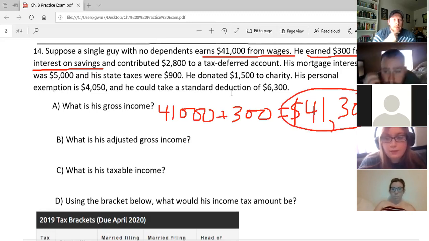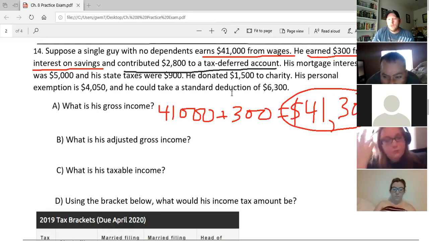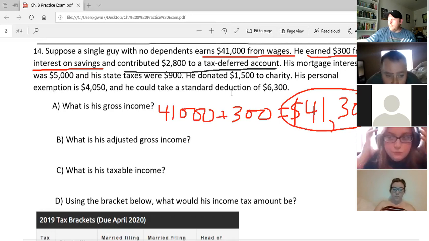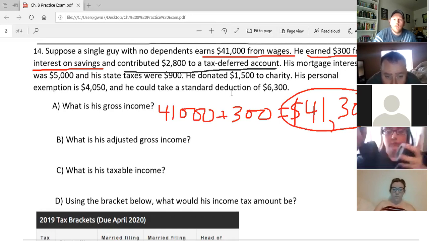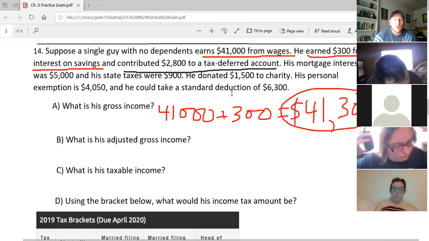So then his adjusted gross, well, I know that he gets to take off tax deferred accounts. So we don't have anything else that gets to be removed from the earnings.